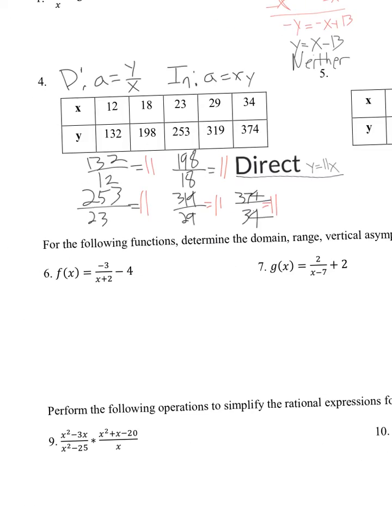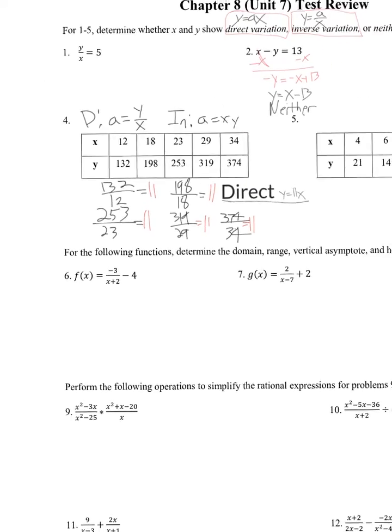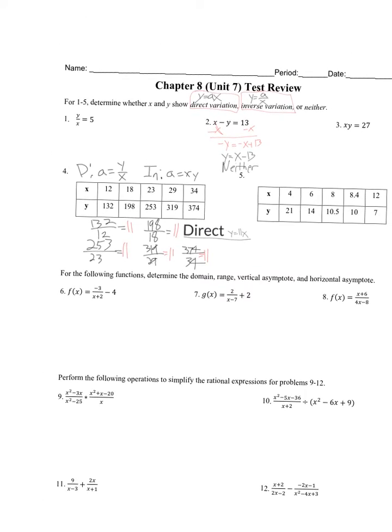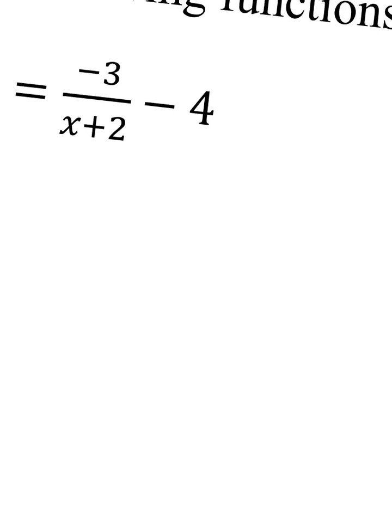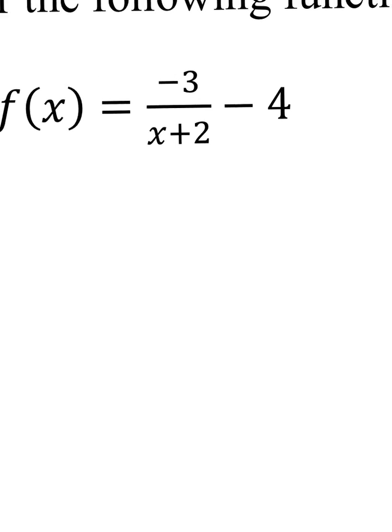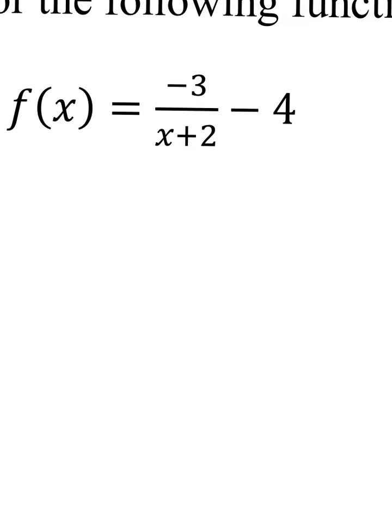Okay, moving on. For the following functions, determine the domain, range, vertical asymptote, and horizontal asymptote. Okay, so remember the domain is where it's restricted on the x. And so look at the bottom and set that equal to 0. So x equals negative 2.